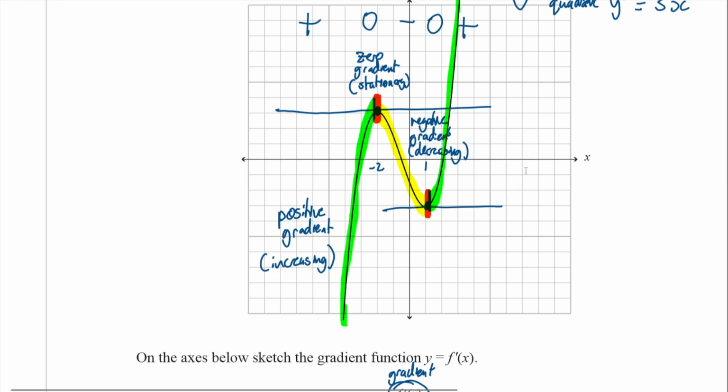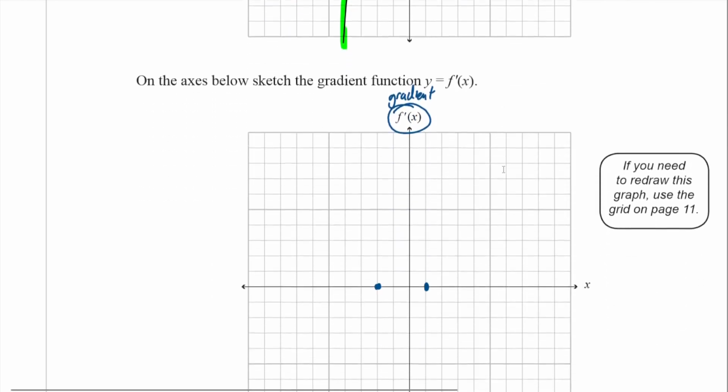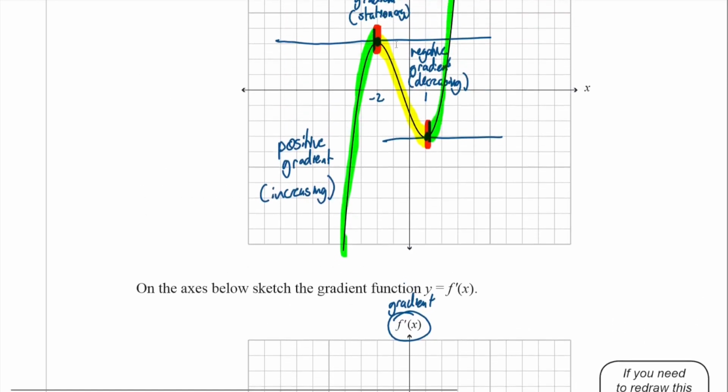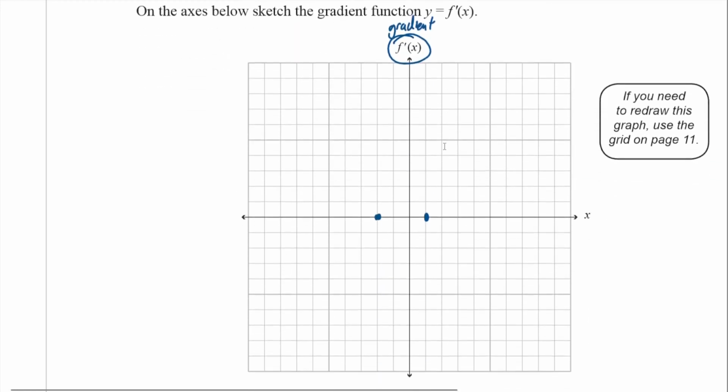Now, what does that mean for us? So on our gradient function, we know between those two red dots, right, between -2 and 1, our gradient is negative. So on our gradient function, it will have to have the y value being negative, right?